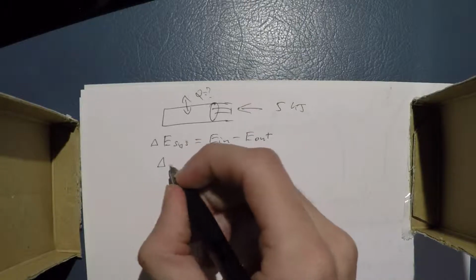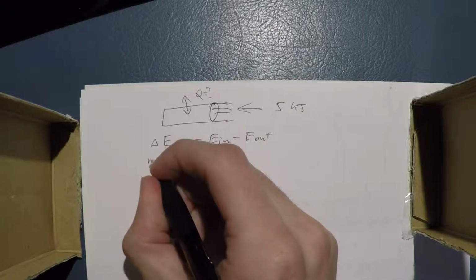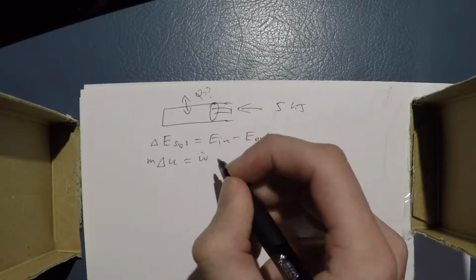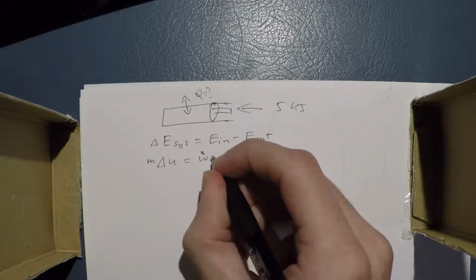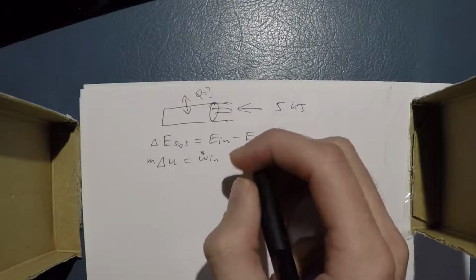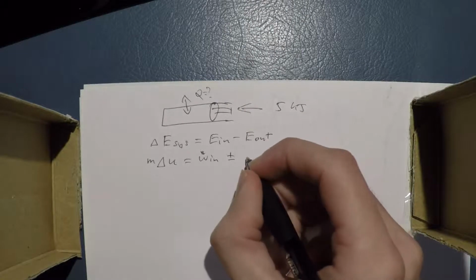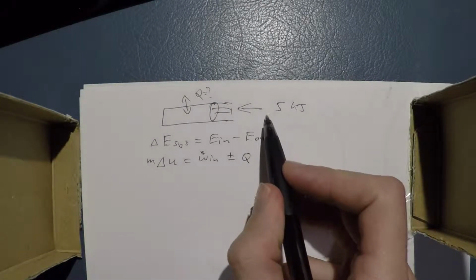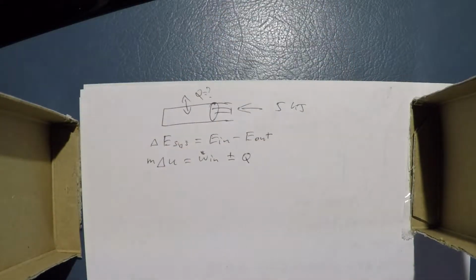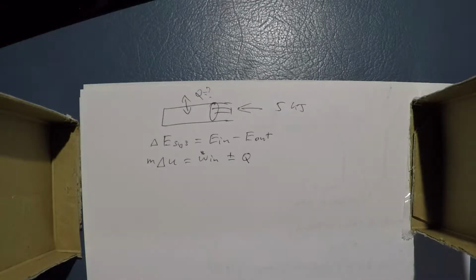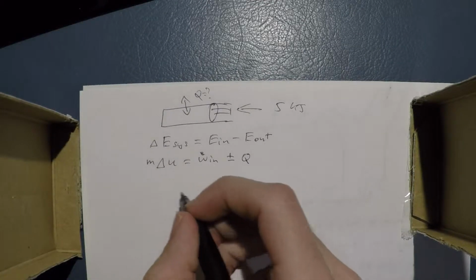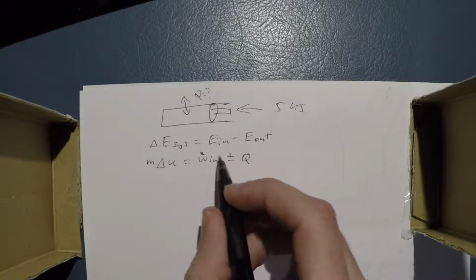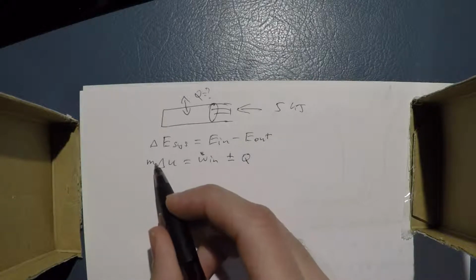So we can rewrite this as m delta U equals the work in, plus or minus the Q, because we don't know if it's out or in yet, but it should be out because we're compressing the piston, but I'll write it as that for now.